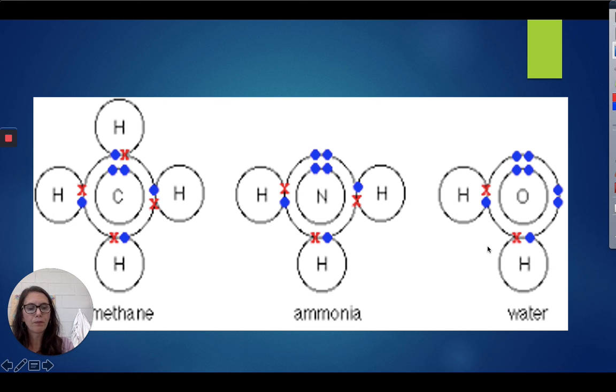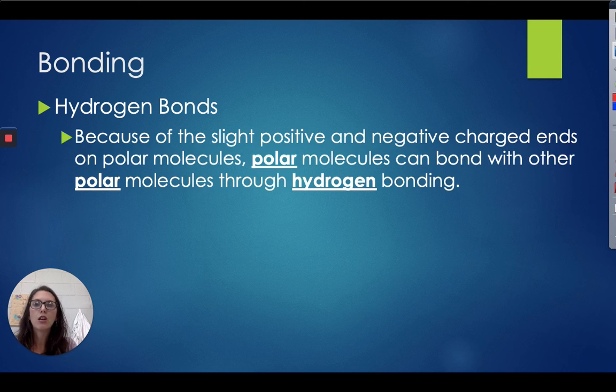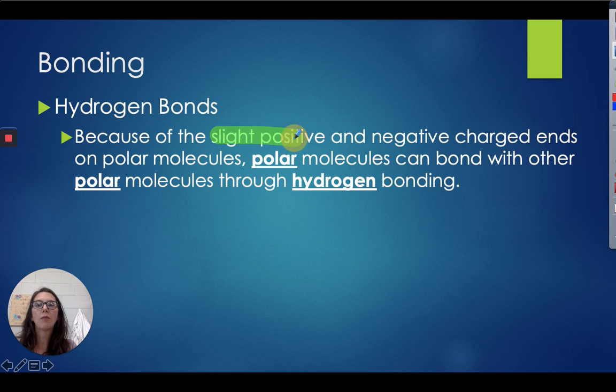So that's covalent. All right, the last type of bonding that we want to talk about in this video is hydrogen bonds. And remember what I said, this is not about filling those outermost energy levels. This is a bond that forms between molecules that are already made. So here, what we want to highlight is that it happens because there's a slight positive and negative charged end on polar molecules.